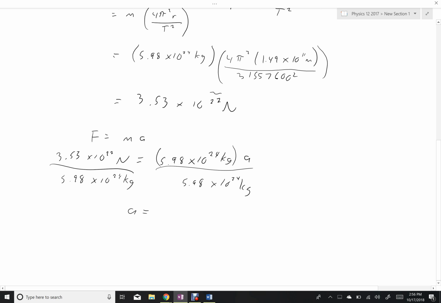But I guess it's a very big circle and we're going around it, even though we're going around it very fast, our actual change in direction or acceleration isn't really all that big. So 0.0059 meters per second squared.